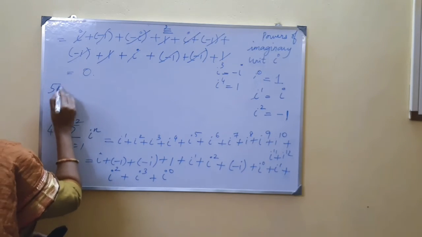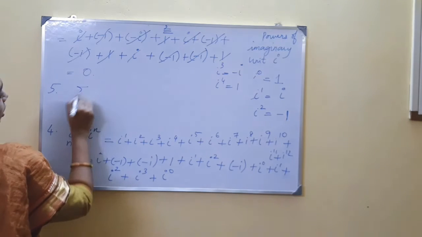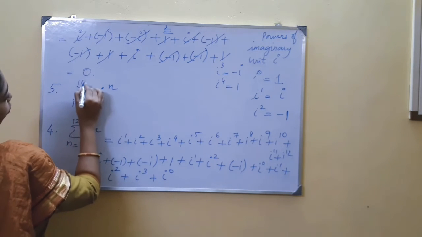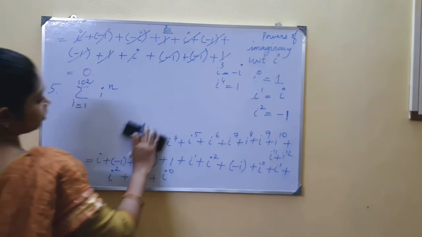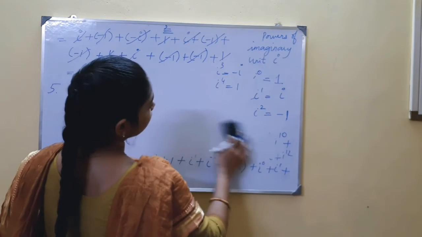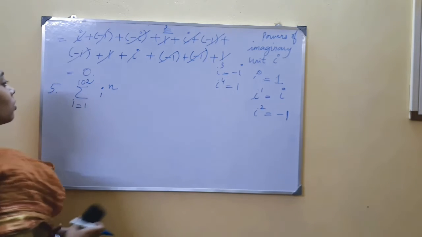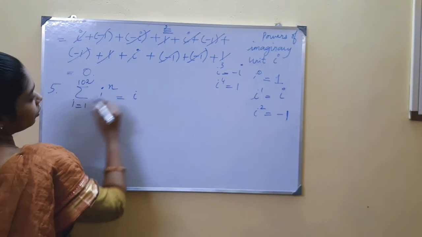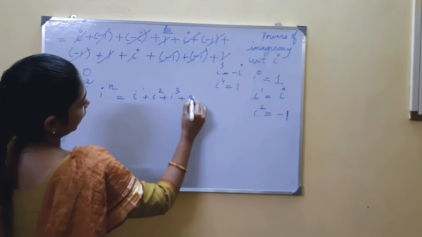Now, fifth problem: the summation of i to the power n, where n varies from 1 to 102. To find the solution for this problem, I write i to the power 1, i to the power 2, i to the power 3, i to the power 4.